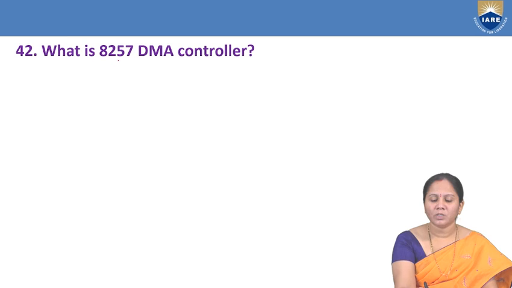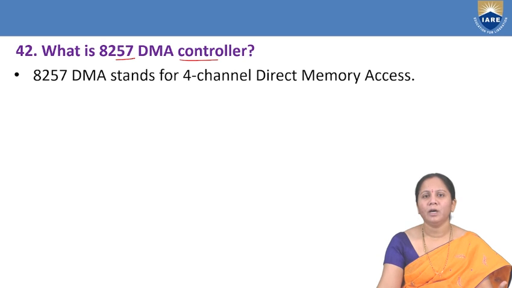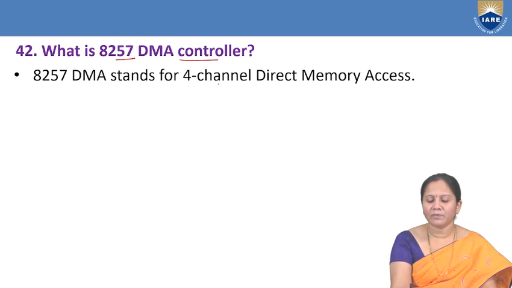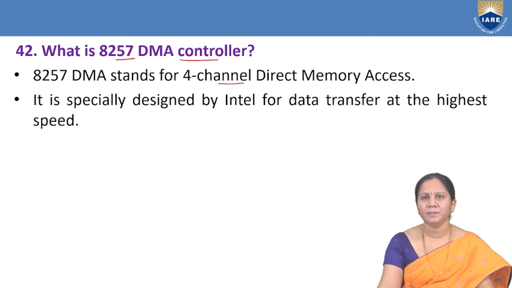Now, what is the 8257 DMA controller? It is an IC used for data transfer between I/O and memory directly. This 8257 is a 4-channel direct memory access controller because 8257 ICs have only 4 channels.